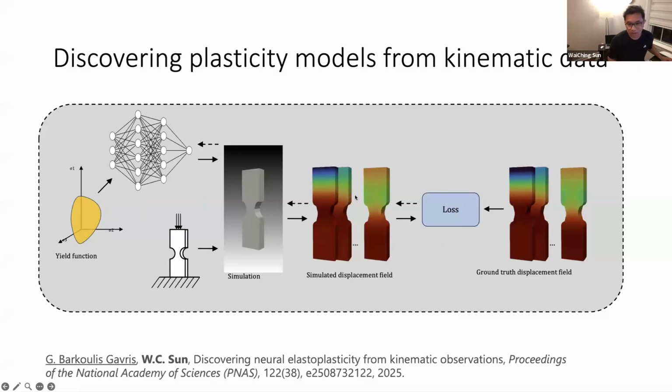In this case, we have a neural network to represent a material model, in this case a yield surface, and we have the digital image correlations that are either real or from subscale simulations, just to benchmark the results, or maybe not subscale, just a benchmark ground truth. What we want to do is to match the displacement field by changing the constitutive law, and from that recover the model.